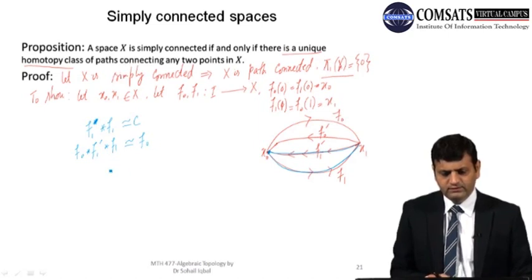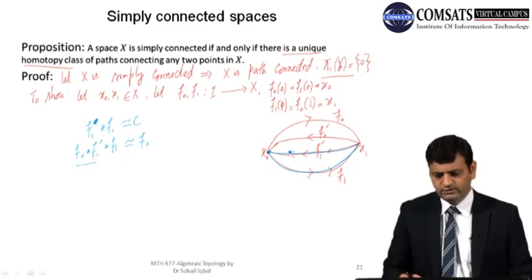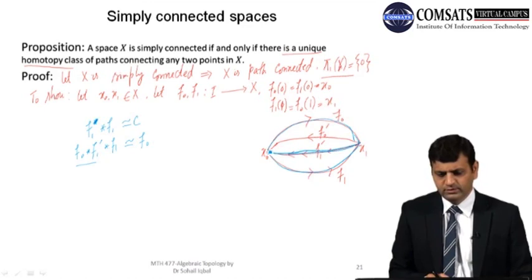Now similarly we can see that this function f0 star f1 inverse, okay, so starting from f0 going in this way and then coming back using f1 prime, this is also a loop.